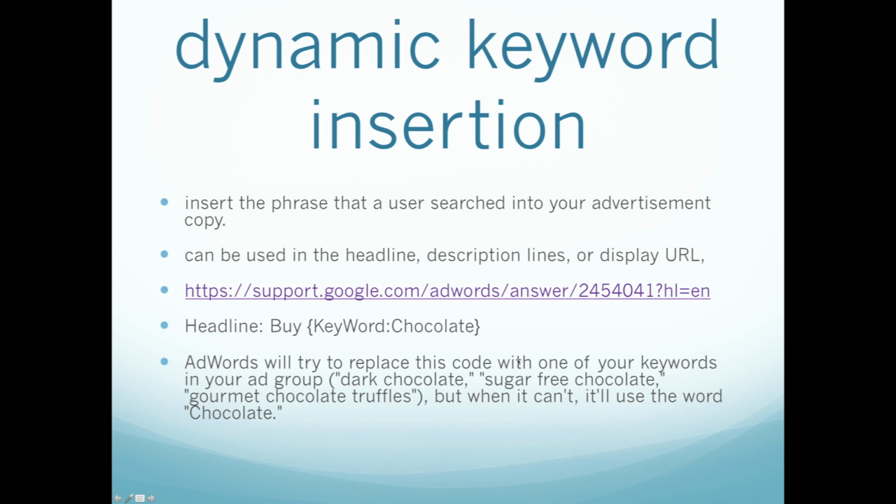So it could be like dark chocolate, sugar-free chocolate, and if it can't, it'll just go to the default of chocolate. So that way it can have like multiple types of ad copy that your audience might type into Google to look for. So when it matches exactly what they're looking for, it may increase the likelihood that they're going to click on your ad.